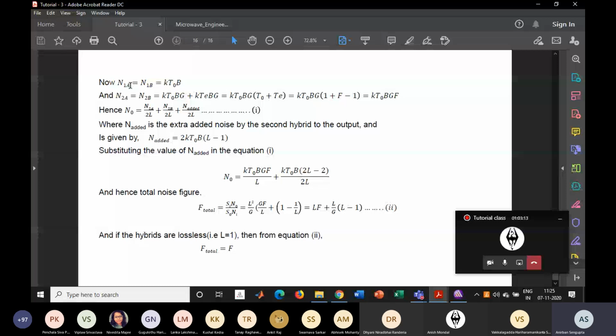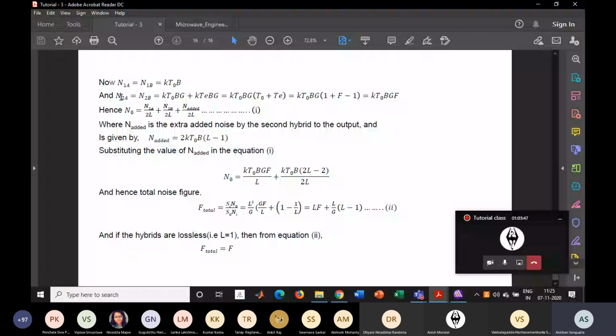Now N2A and N2B, after the amplifiers, will be K T naught B into G, the gain factor, plus K Te B G, where Te is the effective noise temperature of the amplifier, which comes out as F minus 1 into T naught. You put the values here and you will find N2A and N2B, which are also the same.